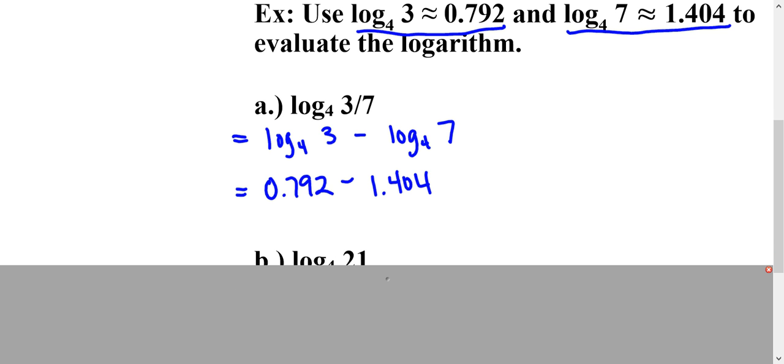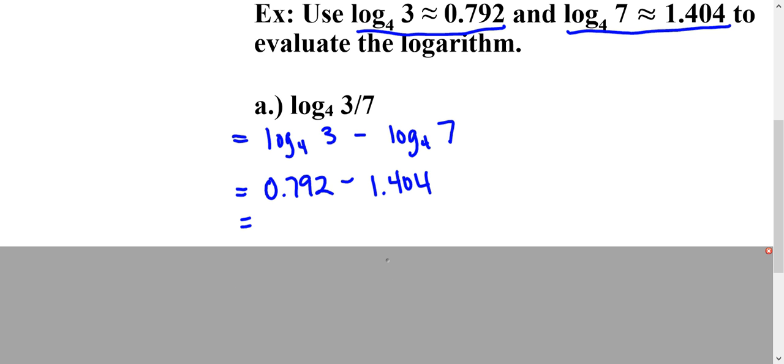If we just subtract those two things, 0.792 minus 1.404 is equal to negative 0.612. And so that is the answer.